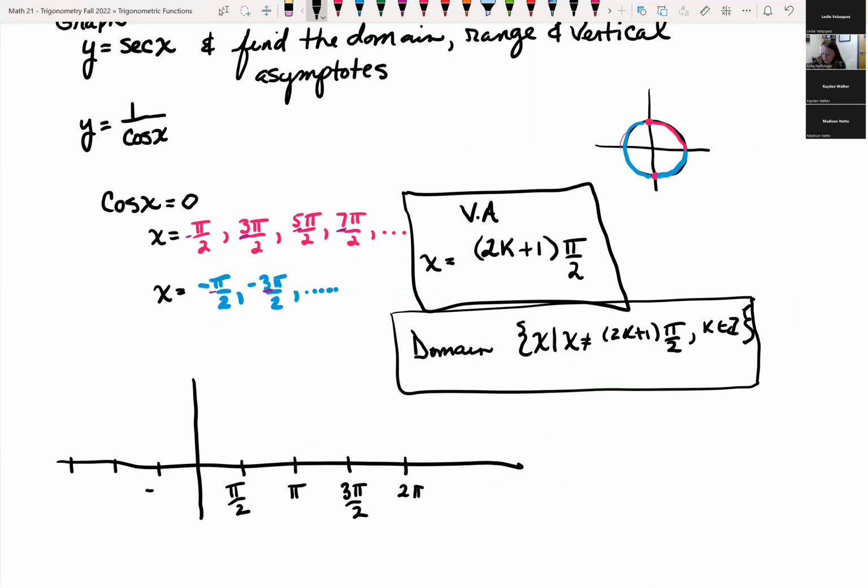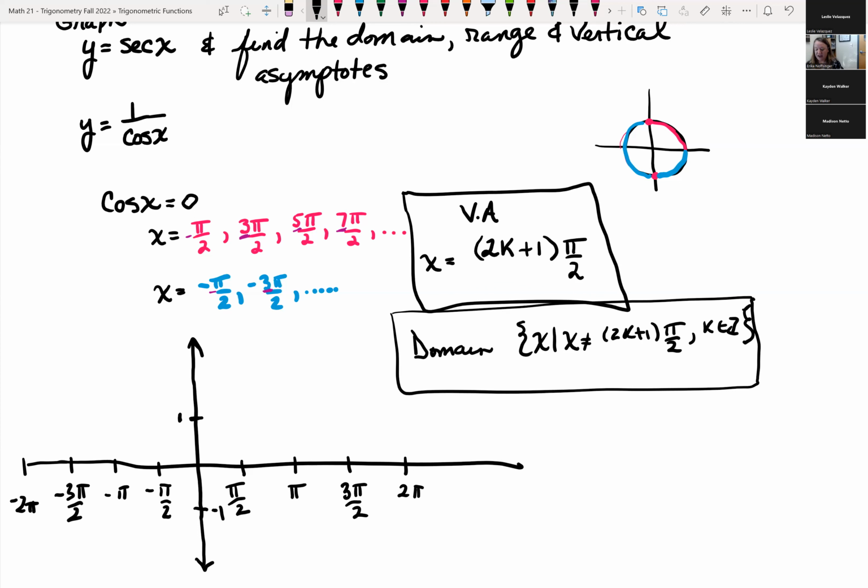We'll go the other direction, negative pi halves, negative pi, negative 3 pi halves, and negative 2 pi.